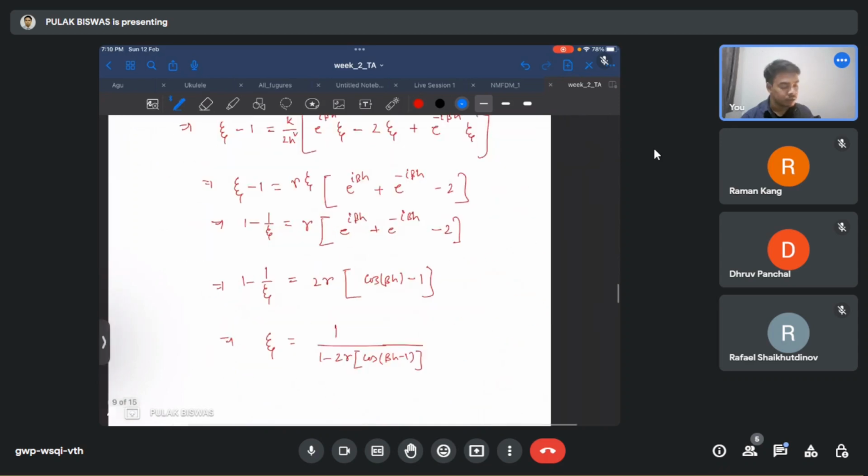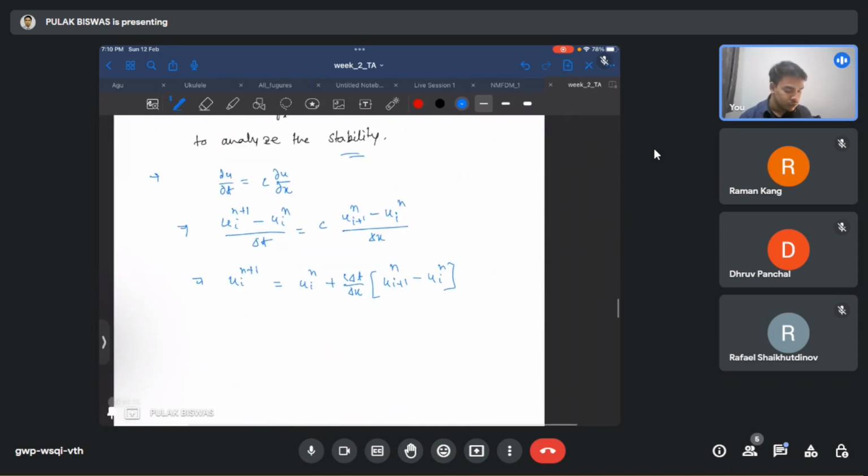So for u, maybe at n, you put e to the power i beta ph, and this is i to the power q.